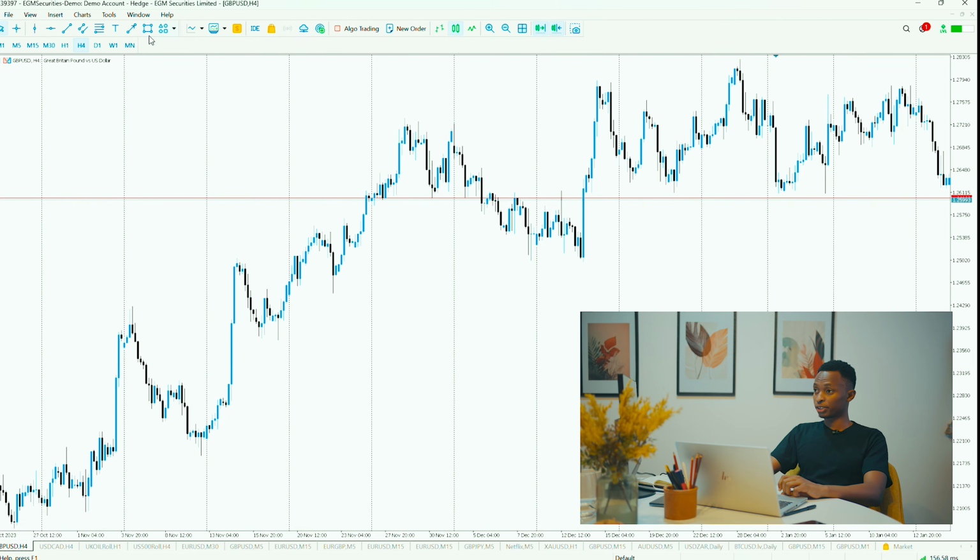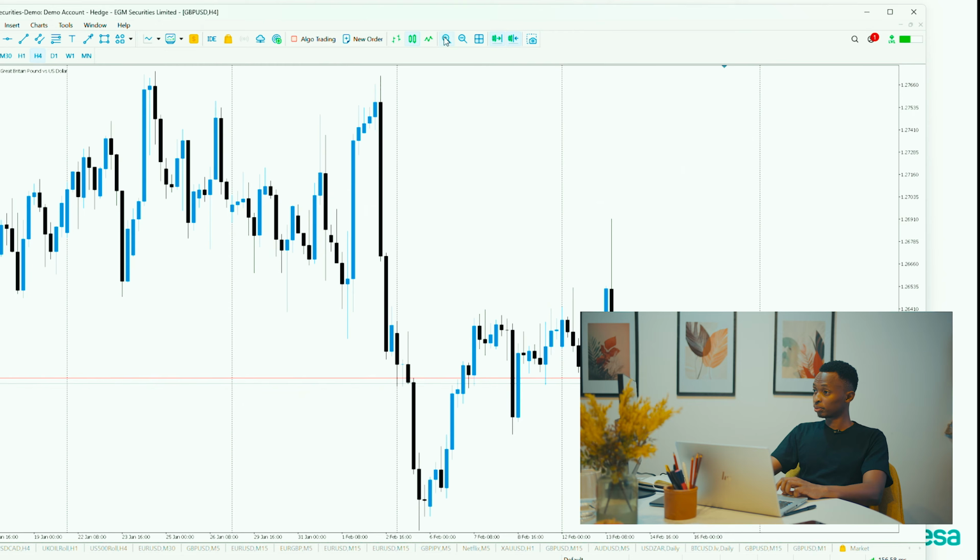So for example, if I go back to the charts, and I'm looking at a zone, for example this zone over here, that we can identify.